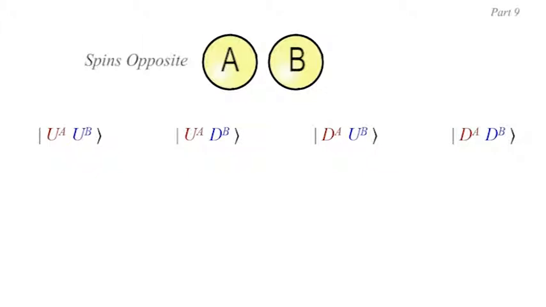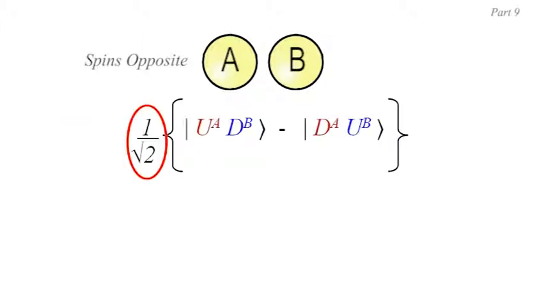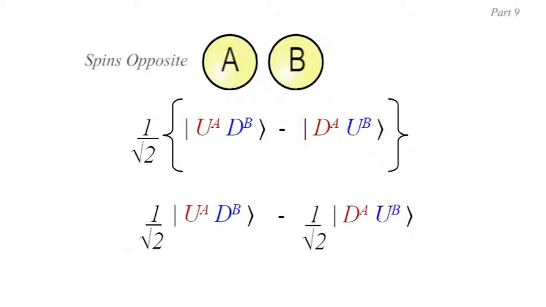Again, I will simply write down, without qualification, what quantum mechanics says should be the shorthand for the singlet state, namely 1 over root 2 times up down minus down up. Or we could write it, of course, this way. It is, once again, a simple mixture of up-down and down-up basis states, normalized by having the 1 over root 2 as the coefficient of each basis vector.